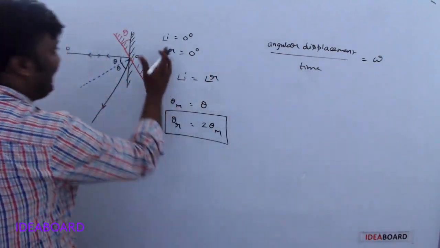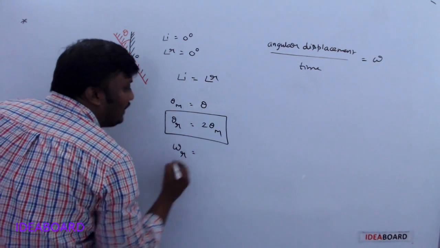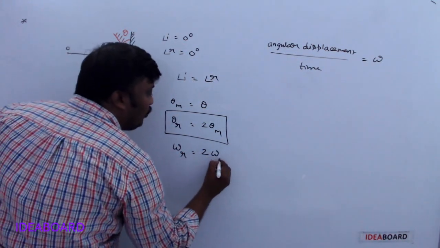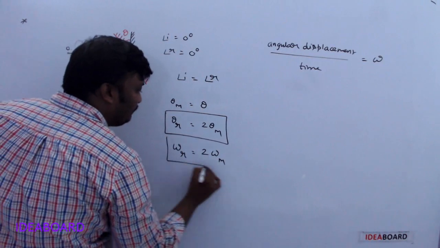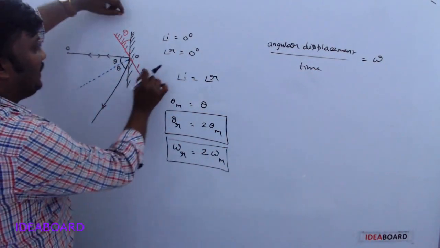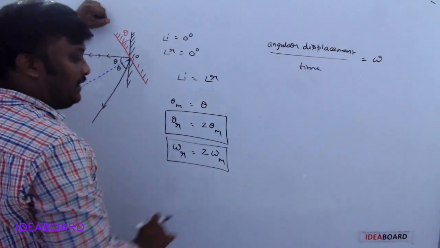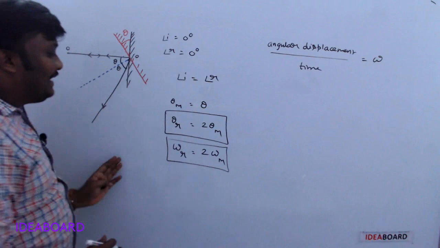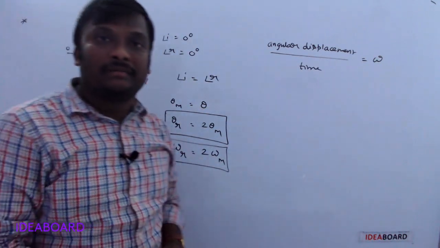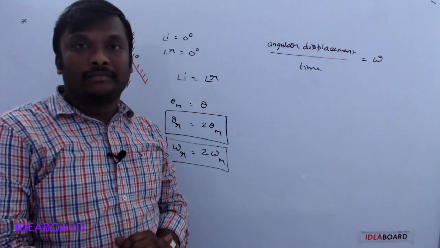If they say it in terms of angular velocity, then we have another formula: omega r is equal to 2 omega m. What is the question they gave? The mirror rotates with an angular velocity omega. Then what is the angular velocity of the reflected ray? If they ask, the formula is omega r is equal to 2 omega m.